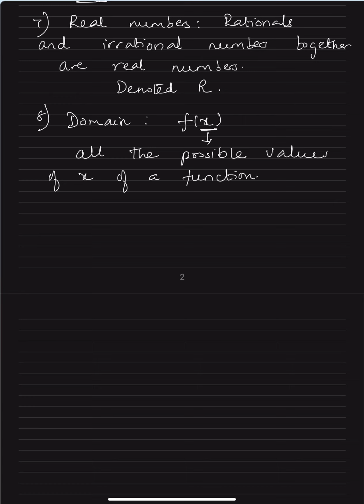The values which are found, whatever values we find for this x, is called the domain of the function. Okay, so these were the basic terms which you should know before starting polynomials.